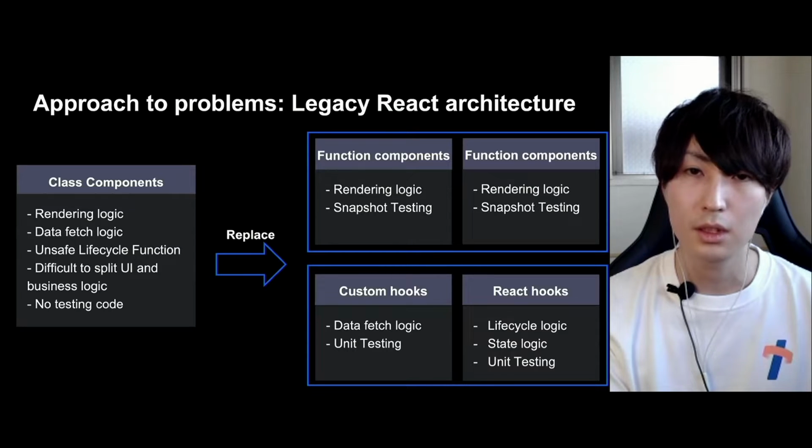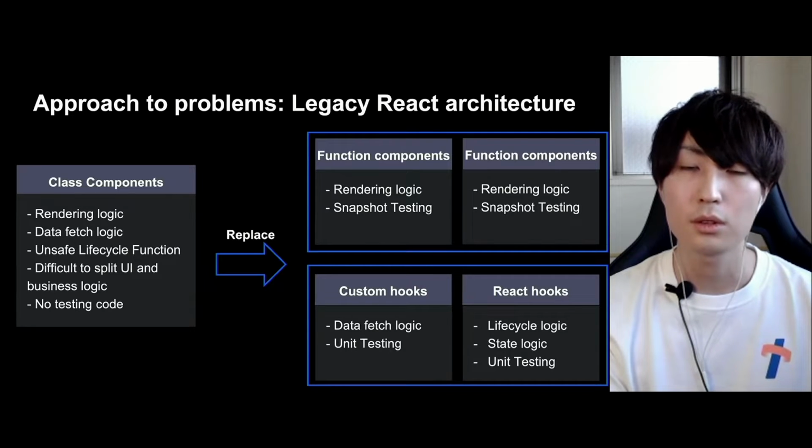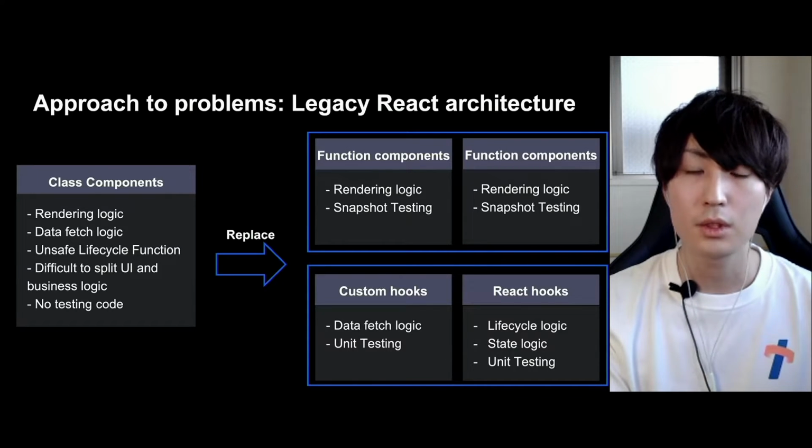Now, for state management and the lifecycle, we were able to depart from the dependency on unsafe lifecycle functions. Furthermore, the query hooks mentioned above can be used for data acquisition. Other detailed logic can be separated as functions with utilities as a custom hook, and utility functions can be separated as needed.